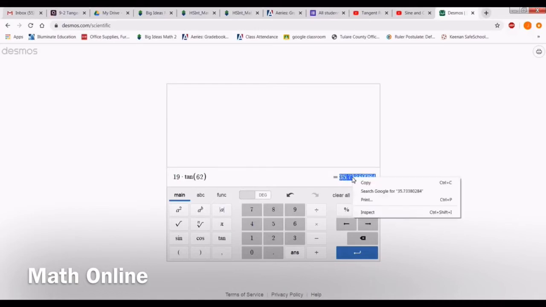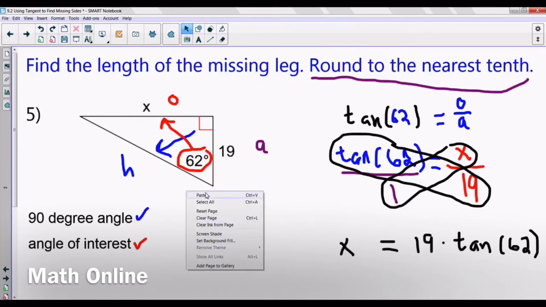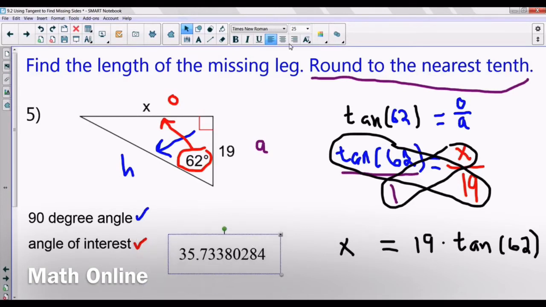I'm going to copy and paste all of this right here. It's a little bit small, no big deal. Now remember, we're rounding to the tenths place, so we only need the first value, which is 7. But since we're rounding, we look at the next value, which is 3.